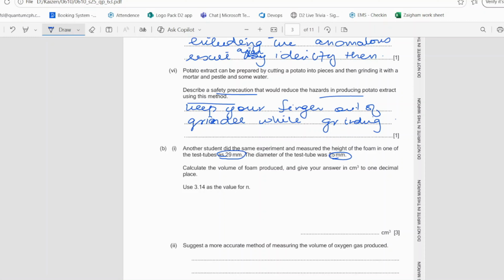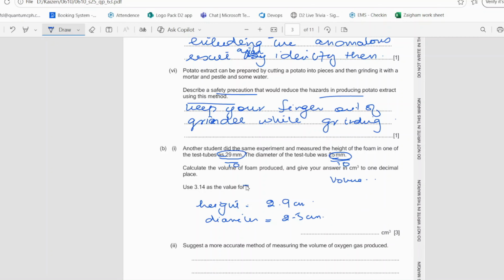We just divide, exactly. So height is 2.9 centimeter and diameter is 2.5 centimeter. So what would be the volume?